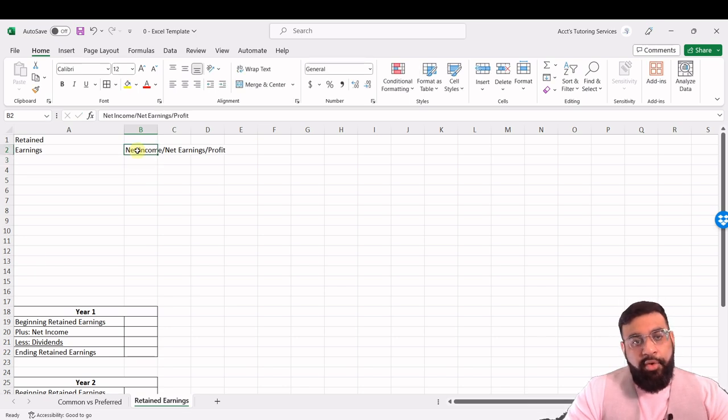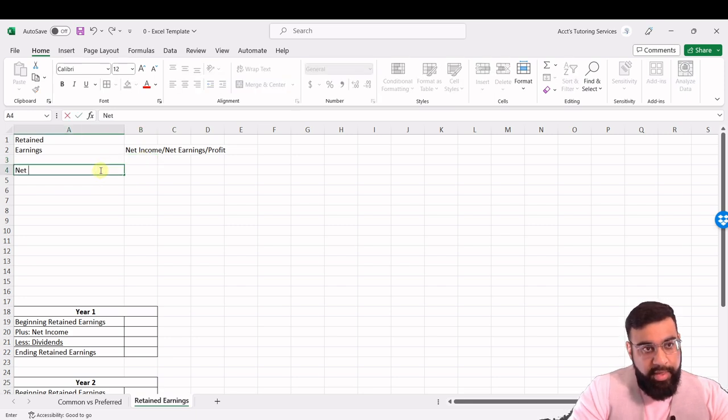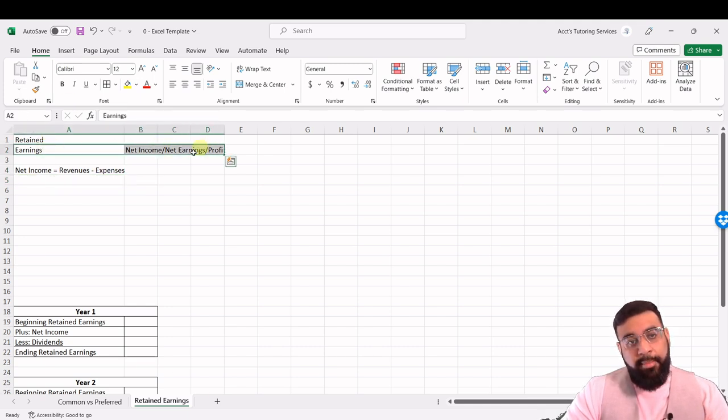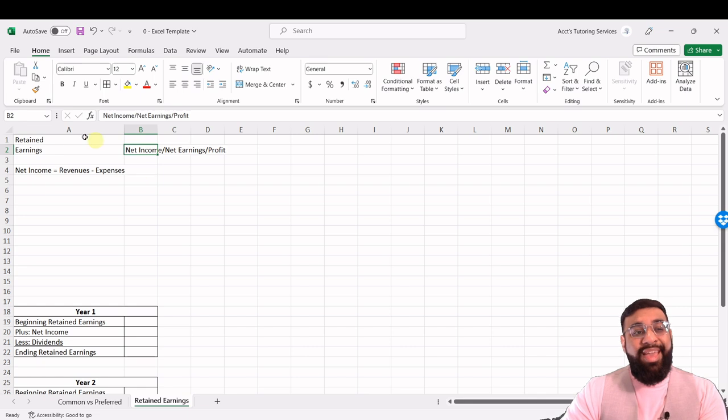Net income is derived from the income statement, which is revenue minus expenses. So net income equals revenues minus expenses. Essentially, retained earnings are net income, net earnings or profits that we retain within the business.